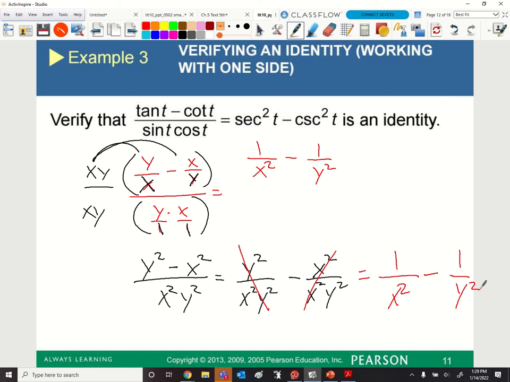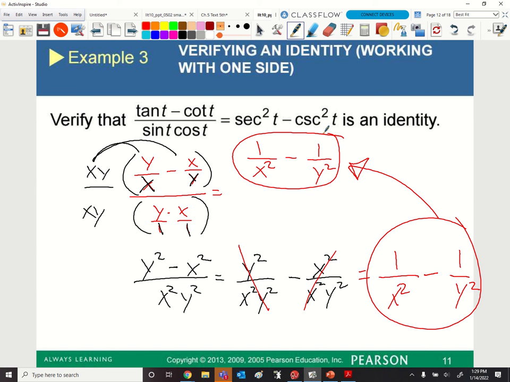Very good. But wait, is there any more? Are they matching? Yeah, they're matching. So what we're doing is verifying identities. This is the work showing that the left side is equal to the right side right here. So both of these are equal to each other. I get the same thing. Does that make sense?